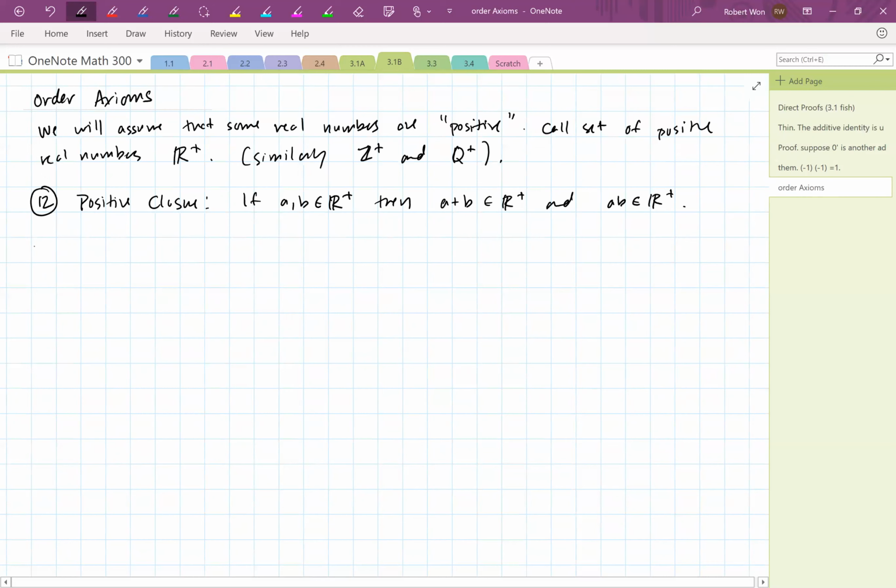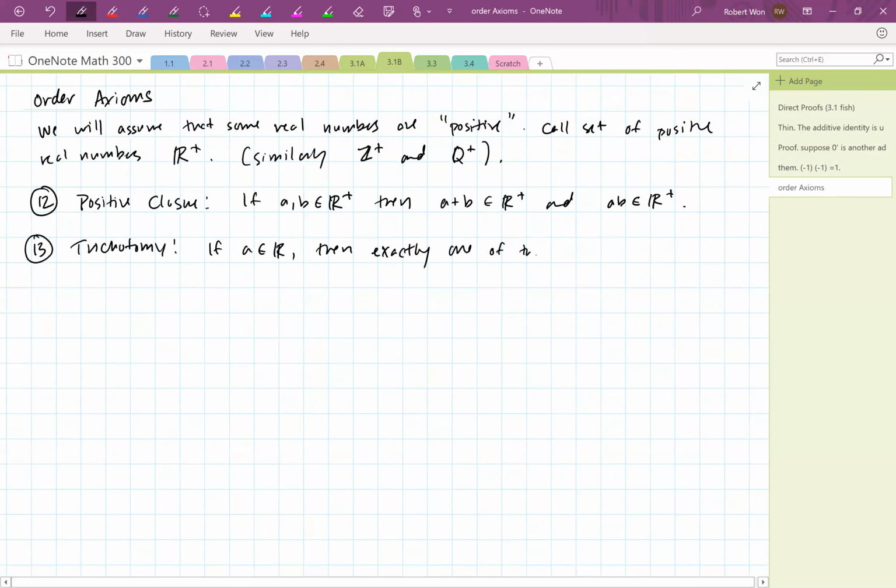Okay, and the next order axiom is called trichotomy, or the trichotomy law, which is this: if A is a real number, then exactly one of the following is true.